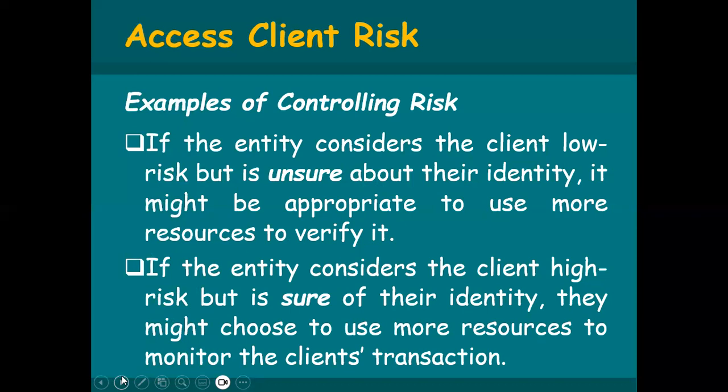If the entity considers the client high risk but is sure of the identity, they might choose to use more resources to monitor the client's transactions. It means if a customer is low risk but identity is not confirmed, you need more resources to verify it. If the customer is known to you but the transaction is high risk, in that case, you should be more vigilant towards the transaction.